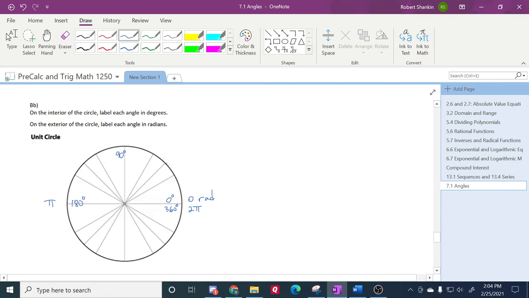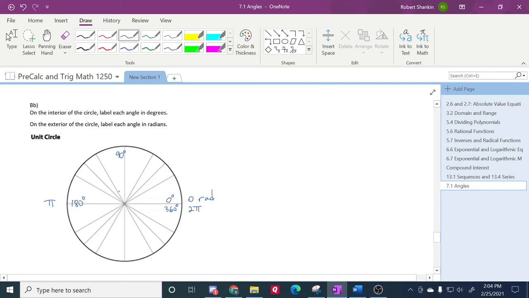Now, this one right here, let me just note, halfway going from 0 to 90 is right here. This is 1/3 of the way going from here to here, and then from here to here is 2/3, and then 3/3 of the way up.